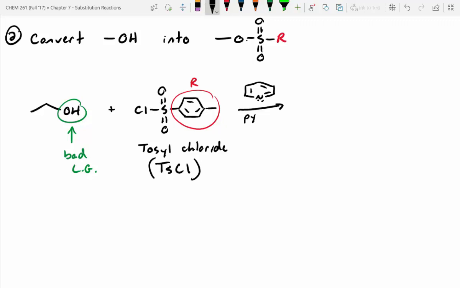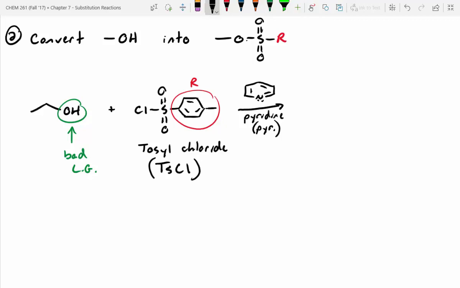And this is called pyridine, or pyr, shorthand. And all the pyridine does is it acts as a solvent and a weak non-nucleophilic base for the reaction. So it's just helping the reaction to proceed, but not actually doing any substitution in and of itself.